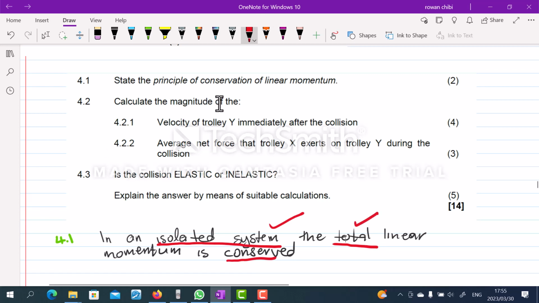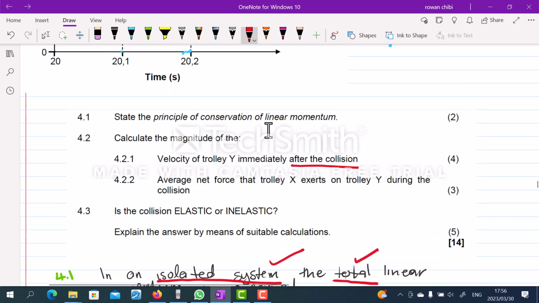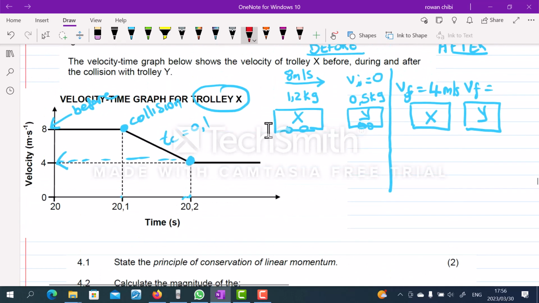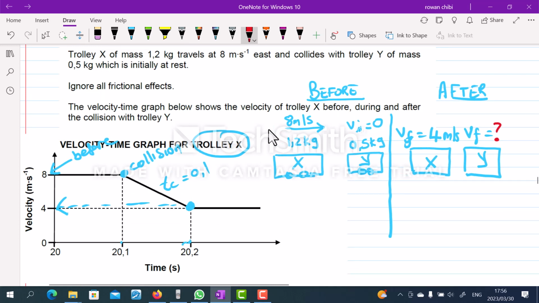Now calculate the magnitude of the velocity of trolley Y immediately after collision. So we now want the velocity of trolley Y after collision. Remember, the velocity before was 0. Now we want the velocity after collision.